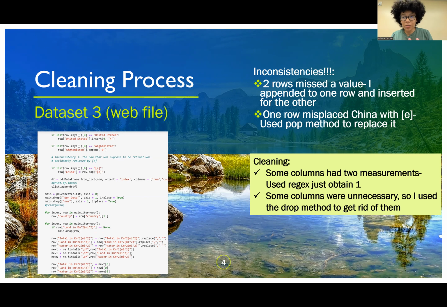Obviously that was a problem, because you can only use one measurement, so I decided to use regex for this. It's honestly been a long time since I've used it, but I'm glad I was able to remember how. I found what matched that and then indexed the string to make sure it had just that part. And there was more cleaning, like unnecessary columns, which I just got rid of.